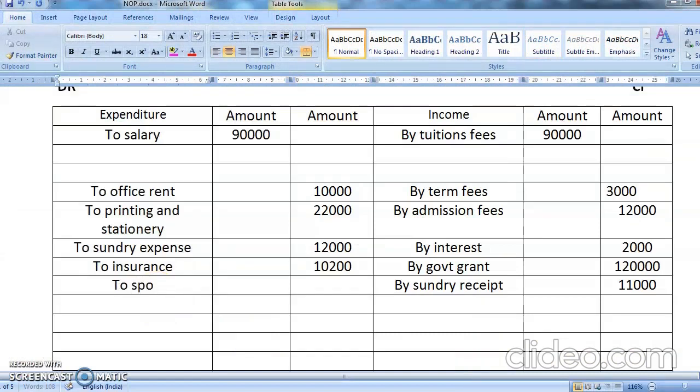To sports expenses, how much was the sports expenses? 8,000. And then to annual gathering expenses, how much was the annual gathering expenses? 9,000.